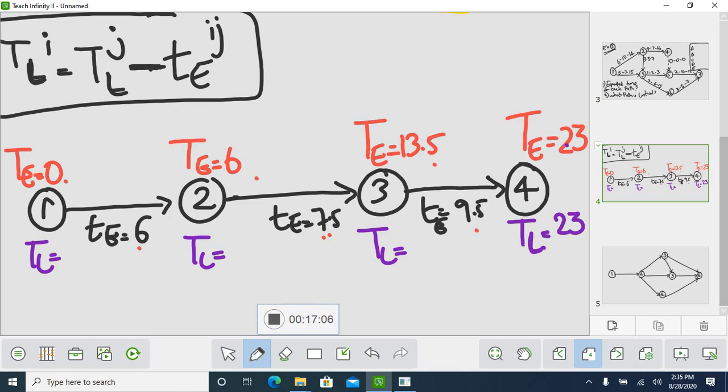So next, you start from 23. Apply this formula here. So this is your I, and this is your J. What is TLJ over here?